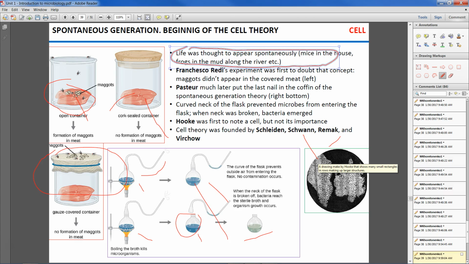But not until Schwann, Schleiden, Remak, and Virchow did we realize that cells represent life. Think about this: a cell arises from another cell always, whether it's mitosis, meiosis, binary fission, or differentiation of a cell. Okay, and that was really a profound achievement.